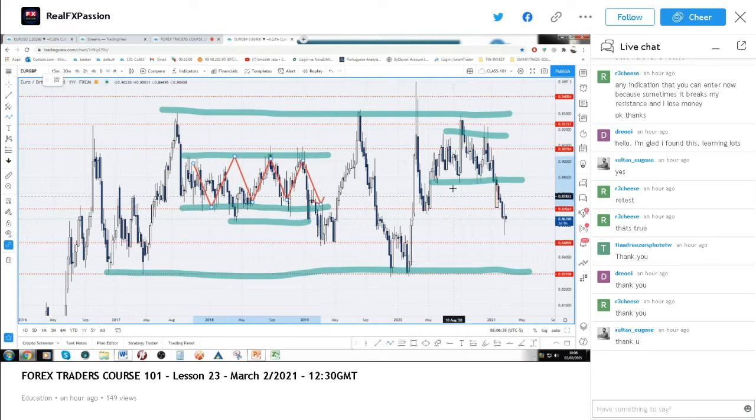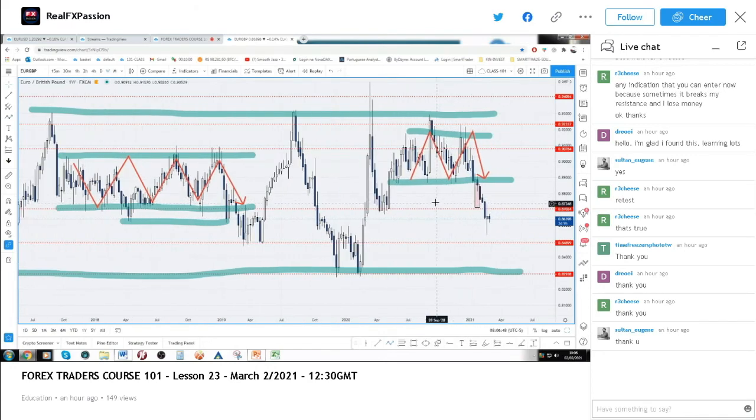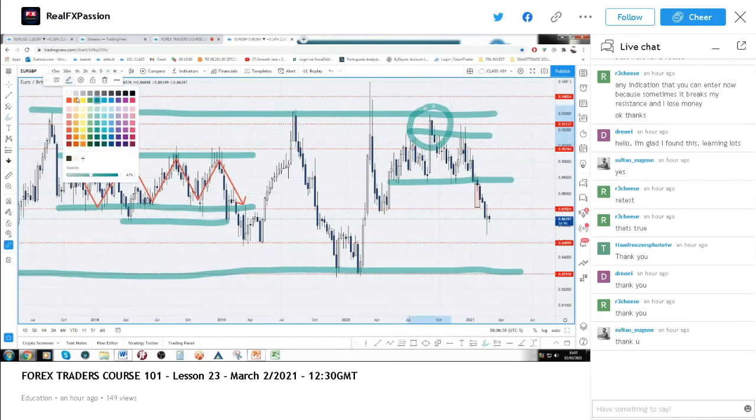Okay. Now, why is this important for us to learn as beginner traders? Many times we get frustrated. I'm a beginner trader. I can understand the logic, so I would short the market in here. It's not that difficult.